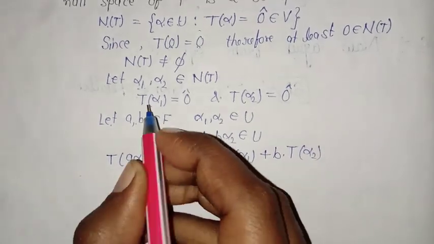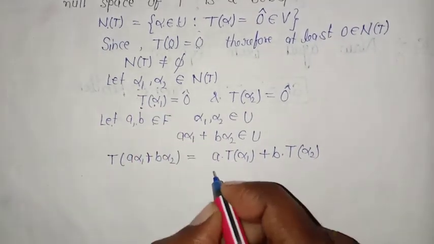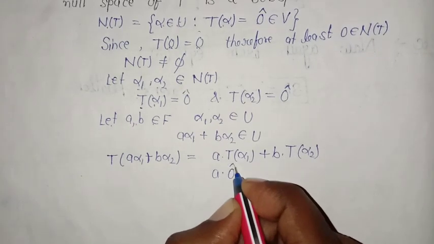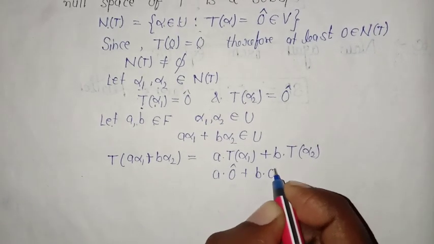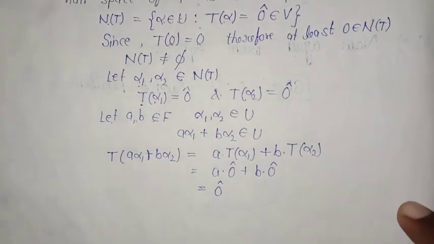Now by the definition of null space of T, this can be written as a times 0 plus b times 0, that is a 0 vector.